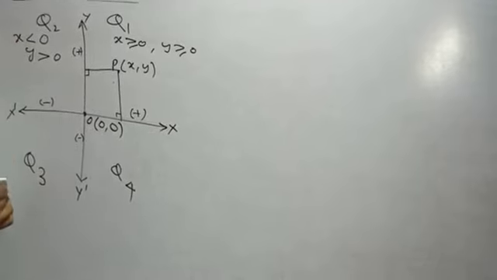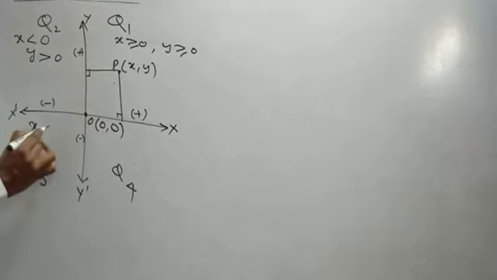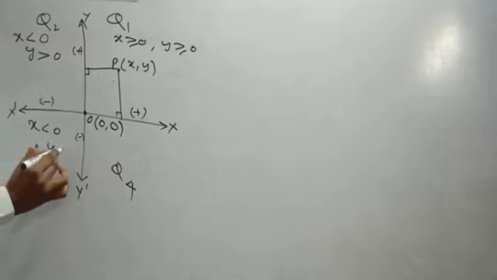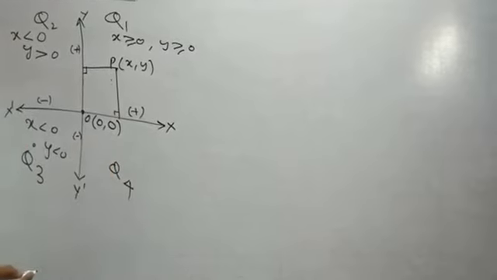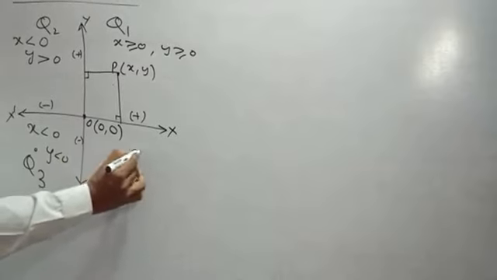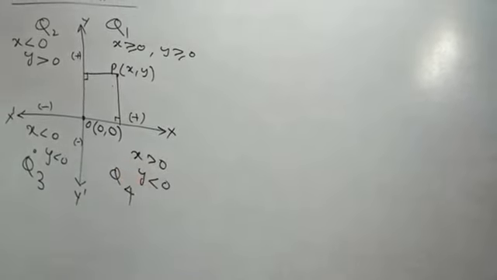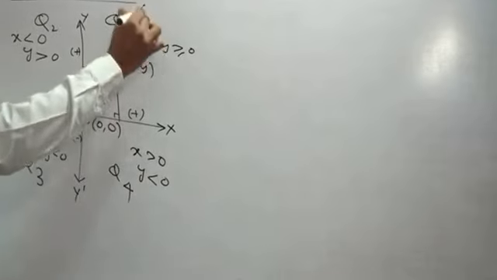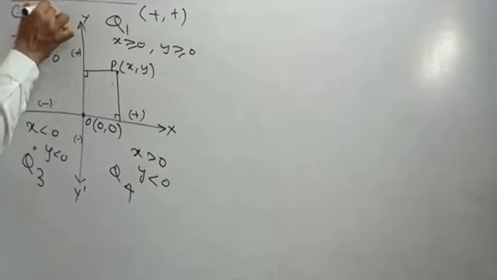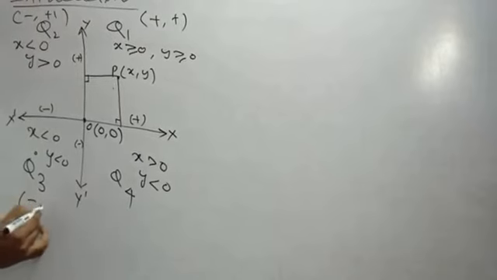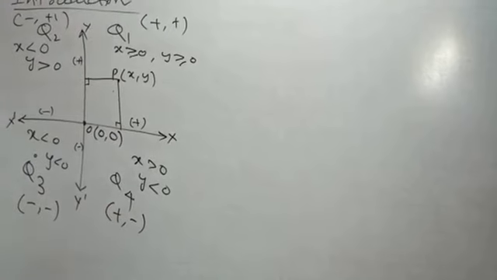In the third quadrant, both x and y are negative, so x less than 0 and y less than 0. And in the fourth quadrant, x is positive and y is negative. So in symbolic form I can say plus plus, minus plus, minus minus and plus minus.